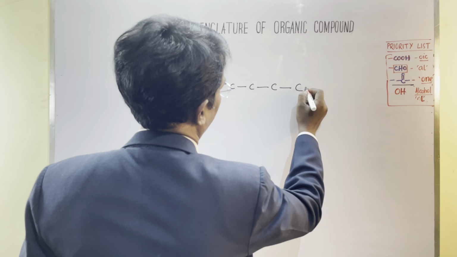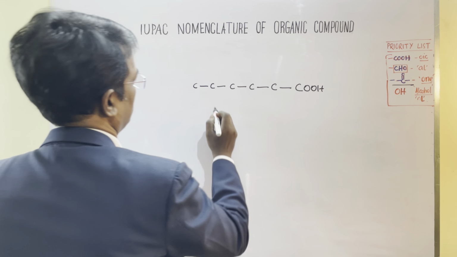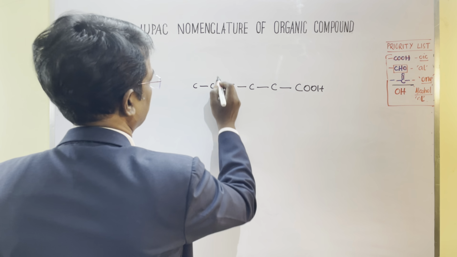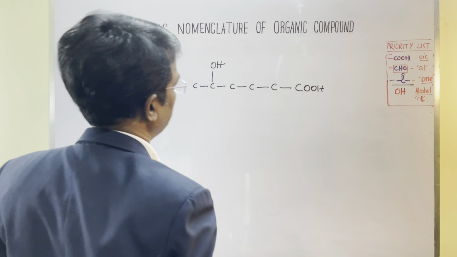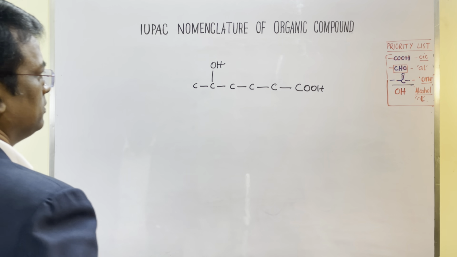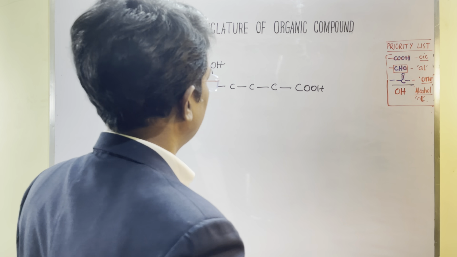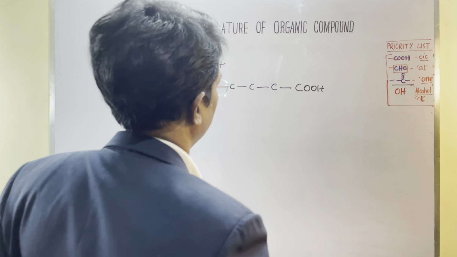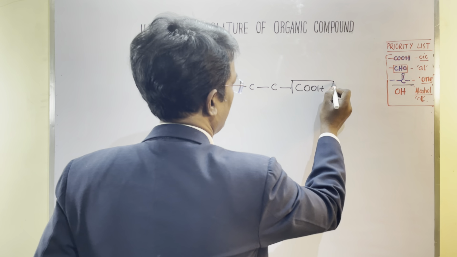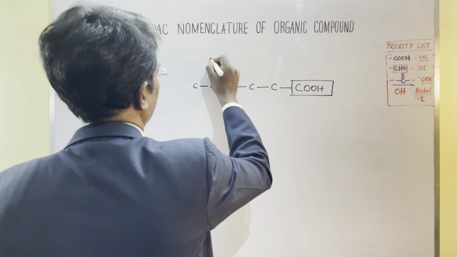Four, 5. Let's convert it to COOH, and at the second carbon we have OH. Now what will be the name of it? What will be the name of the functional group here? The functional group is obviously oic acid, and there are 2 functional groups attached here.